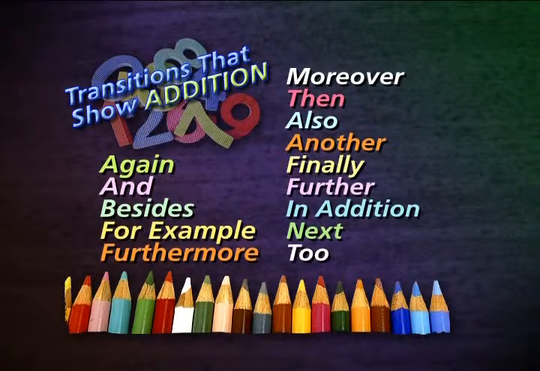If you look at these transitions closely, you'll see that some of them can be used in the beginning of a sentence, some of them can be used to connect sentences, and some of them can be used at the end of a sentence. Some of them can be used anywhere in the sentence where they make sense. For example, you might open a sentence with "for example," and you might use, let's say, "to" at the end of a sentence, and "and" can go at the beginning of a sentence or in the middle of a sentence.